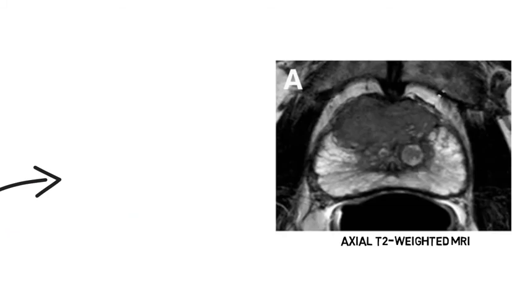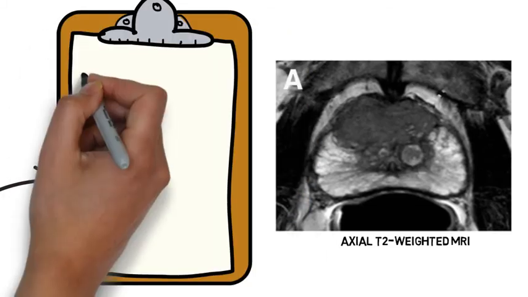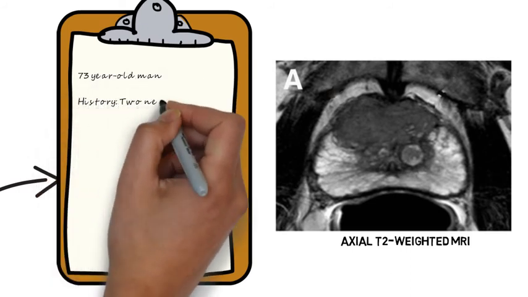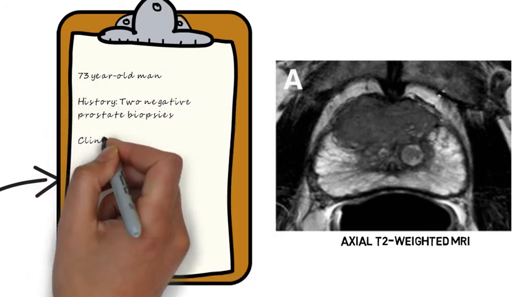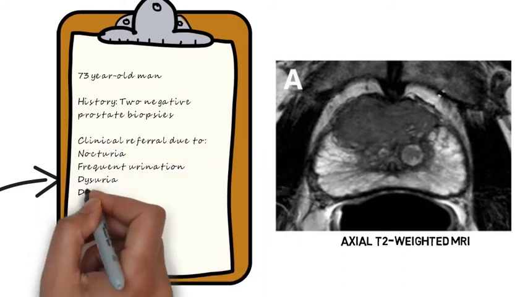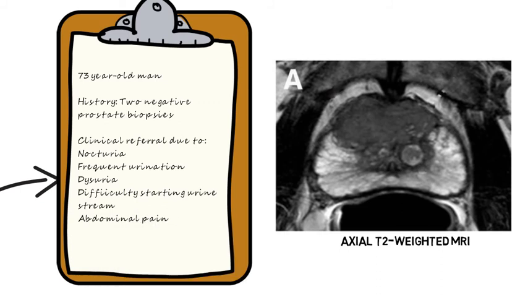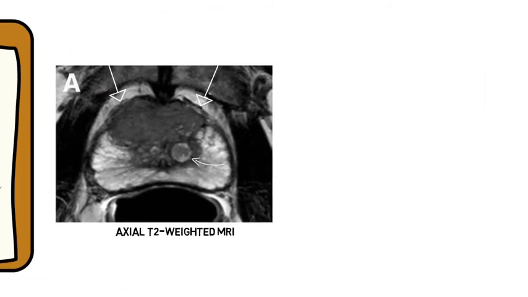These scans correspond to a 73-year-old man with a history of 2 negative prostate biopsies who presented to the doctor with recurrent symptoms of nocturia, frequent urination, dysuria, difficulty starting urine stream, and abdominal pain. The T2-weighted MRI component of PET-MRI showed a hypointense lesion in the midline anterior transition zone and a benign hyperplastic lesion in the left.